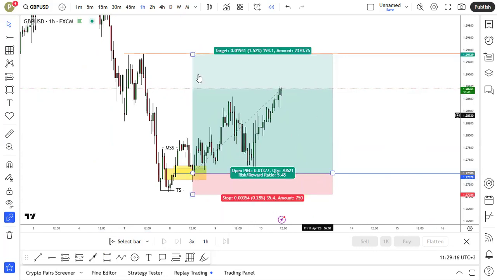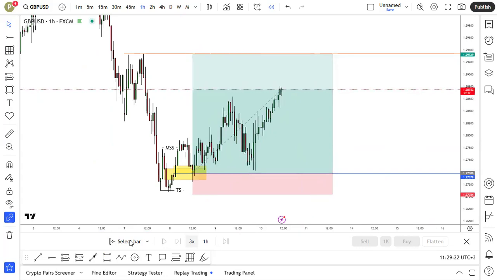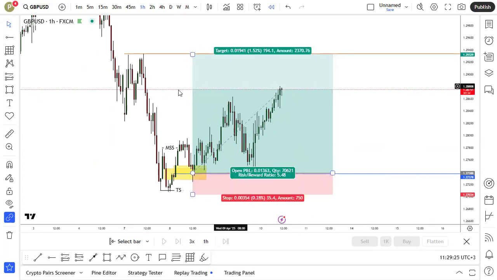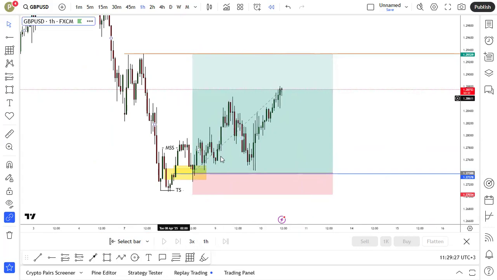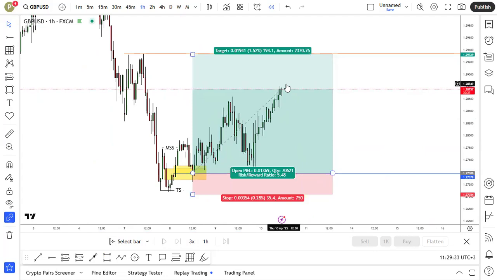Okay, this is where price action currently is. So guys, the important thing is that our trade is still moving in profit, and we need to wait and see if price will actually reach this take profit level.